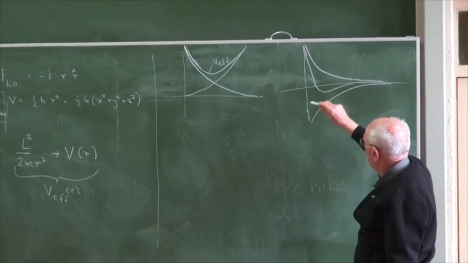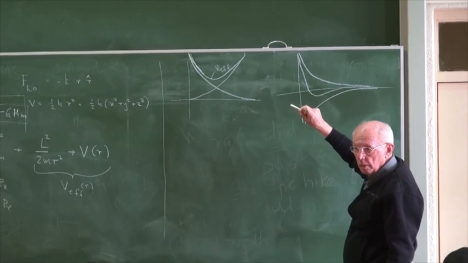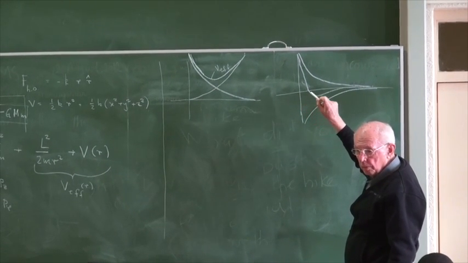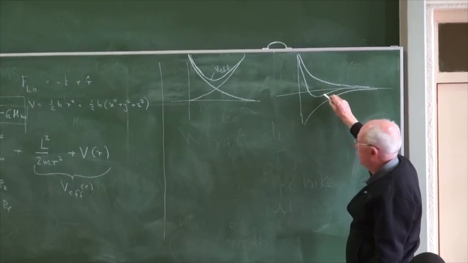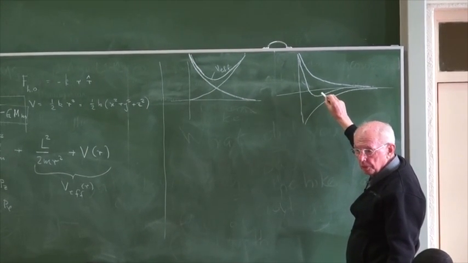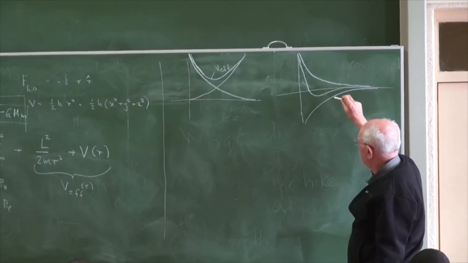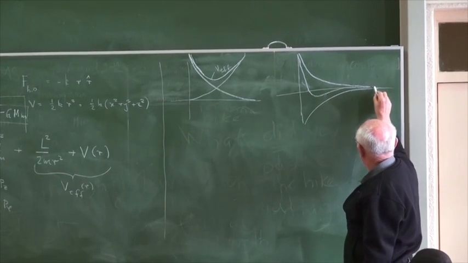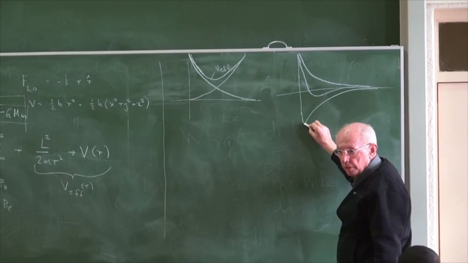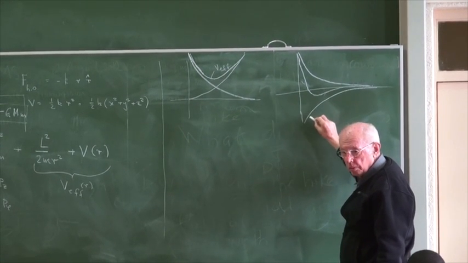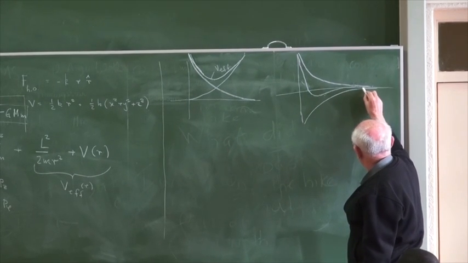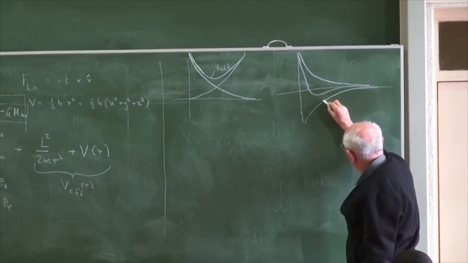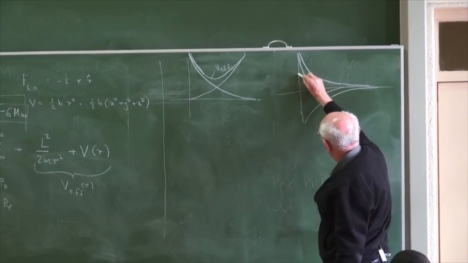Now, if L is very large, it will not be negative. If this is a specific value of L I chose, if I chose L equal to 0, then I'd just be on the potential line. There would be nothing from the other side. If L is very small, then I'll go almost like this and then go here.